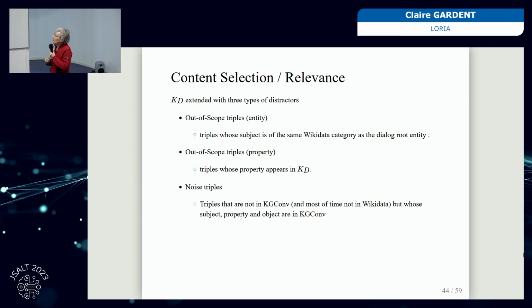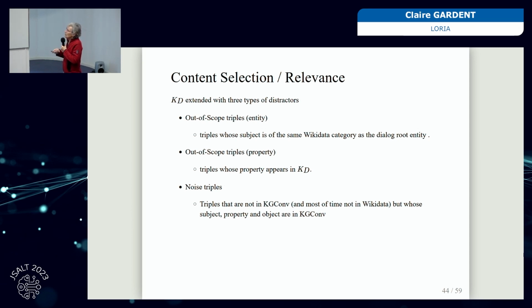So to do this, we added to the knowledge graph that was associated with the dialogue distractors, right? So basically, the knowledge graph associated with a dialogue in the training data is actually a set of facts that are relevant to that dialogue.